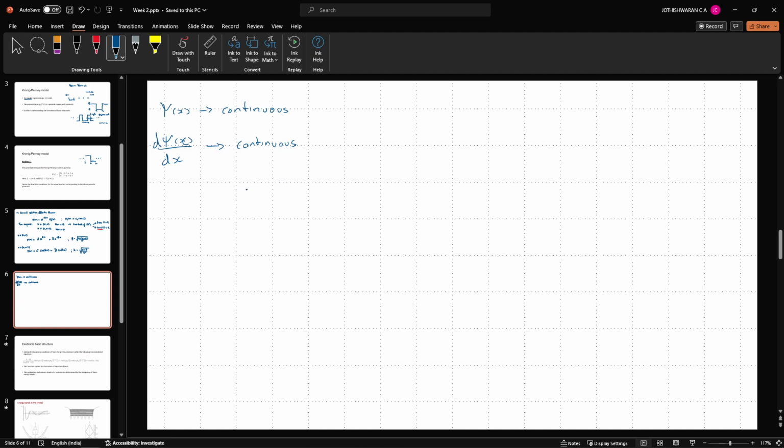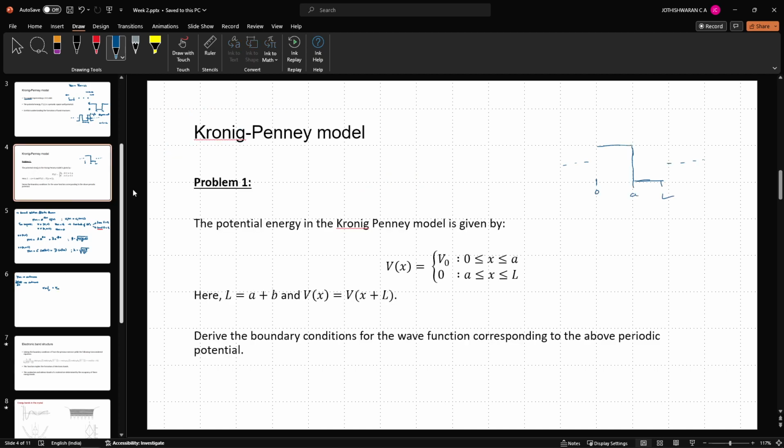So that implies psi of x at 0 plus is equal to psi of x. What we have to remember is, in this case, there are three boundaries.